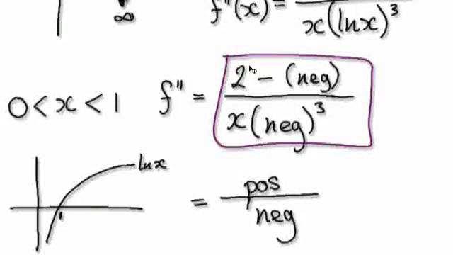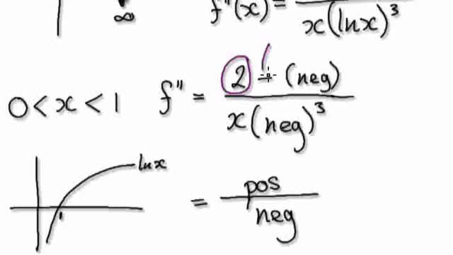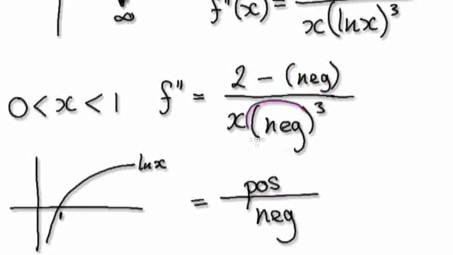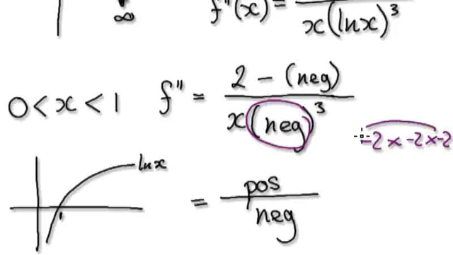So now when you get 2 take away a negative number, the top part here will be a positive number. Now when you have a negative number and then you cube it, it will be a negative number, because, for example, negative 2 times negative 2 times negative 2, the overall answer will be a negative number.